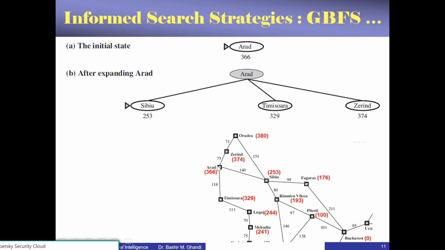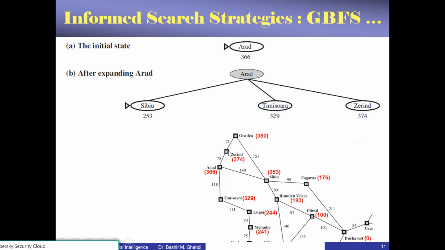From Arad, as we can see, the nearest state we can go to is Sibiu with 253 heuristic value, followed by Timisoara, which is 329. The cost from Timisoara itself to Bucharest is 329, so we're going to have that.